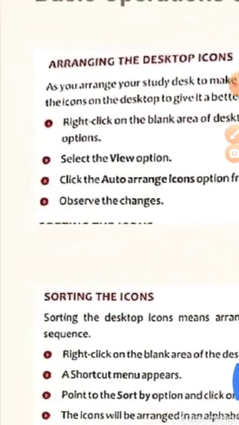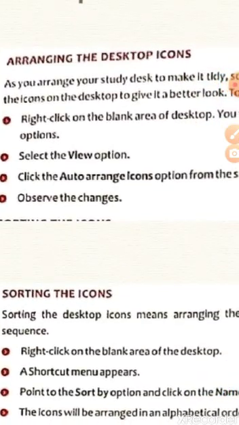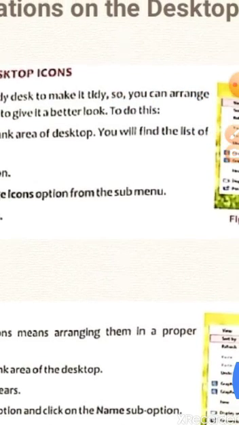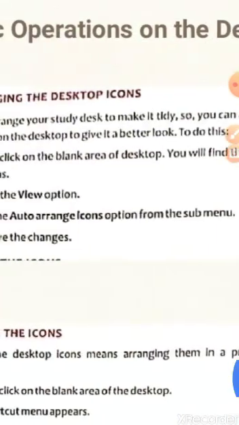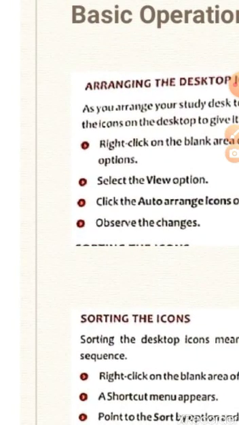So to do this, how do we do it? These are the steps. Right click on the blank area of the desktop. You don't have to click on the icon, only the blank area. It should not select any icon. You will find a list of options by the side of the cursor. From that list of options, you have to click on the view option.